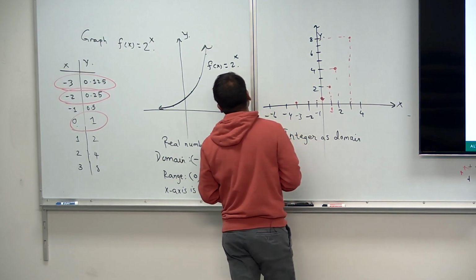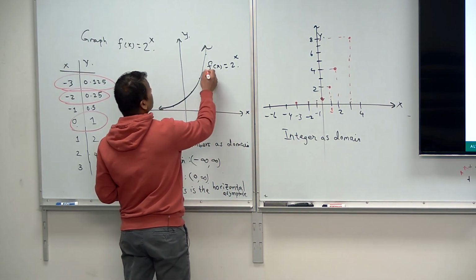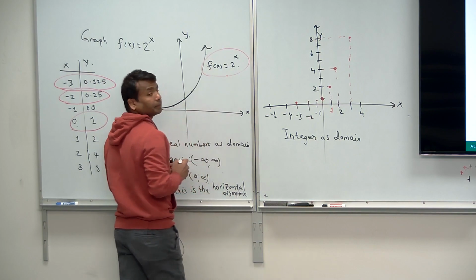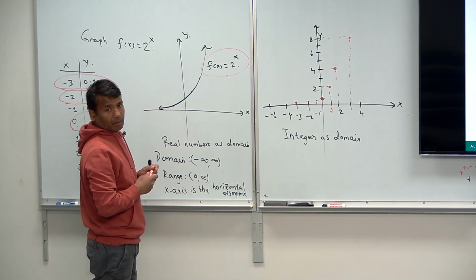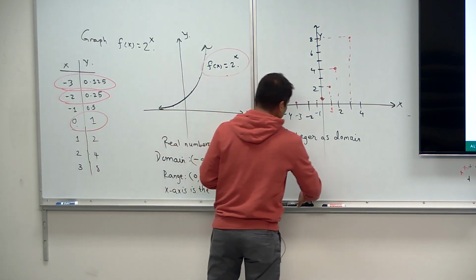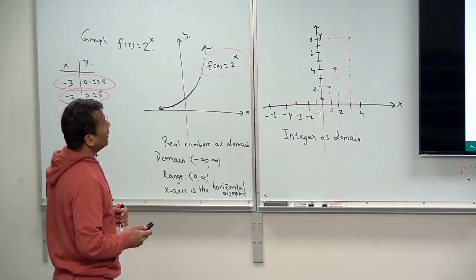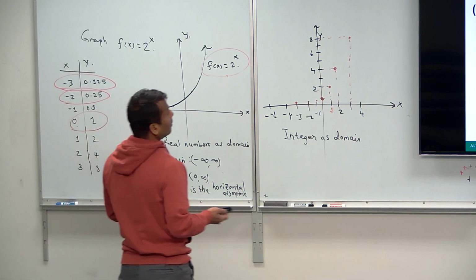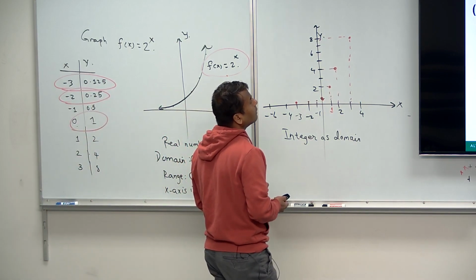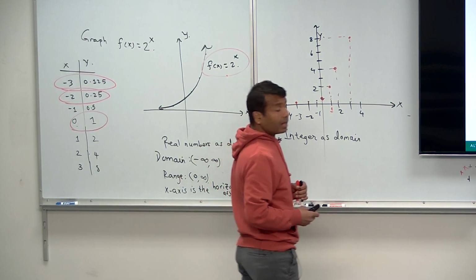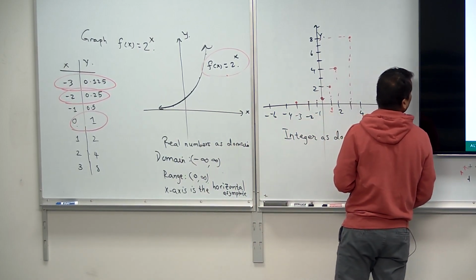Now you see this is an example of an exponential function. Okay, so we define exponential function. Let me show you here. We did that one, right? So this is the definition for exponential function.